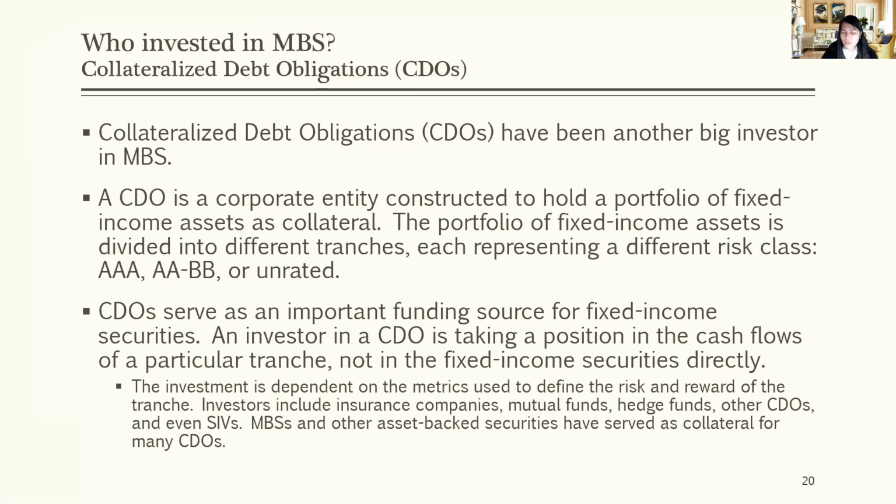So CDOs were around for a long time, and before this financial crisis, they were specialized in junk bonds, okay? So they were specialized in the lower than investment grade bonds. And then when this subprime mortgage came about, they started to also get involved in the subprime mortgage market. Okay.